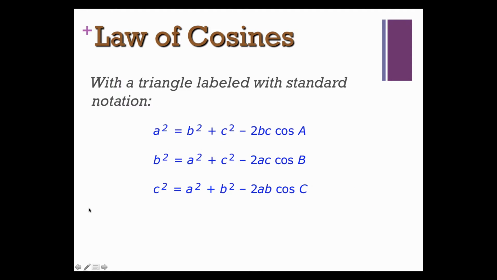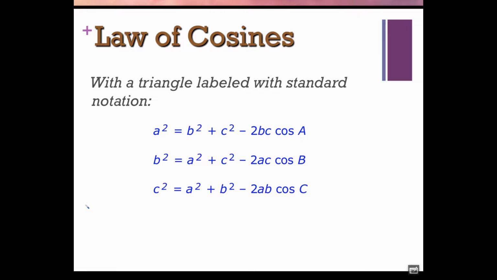There they are. Now, before you start writing like mad people, realize that all 3 of these are identical. I just switched the orders of the letters. What's important to realize is that if I have the side A on the left-hand side, then I have to use the cosine of angle A, and the B's and the C's are the sides we didn't talk about.